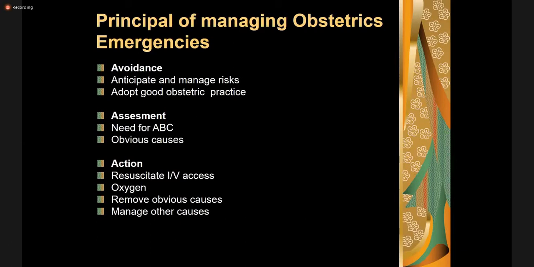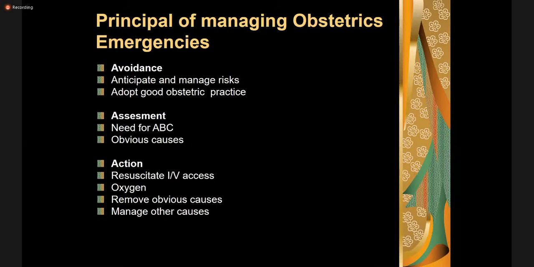Or if a patient has a low-lying placenta, you should always inform her and give her a date for elective cesarean section. Or if a woman has high blood pressure and poor compliance, you should admit her and control her blood pressure. So avoidance, anticipate and manage risk, adopt good obstetric practice.